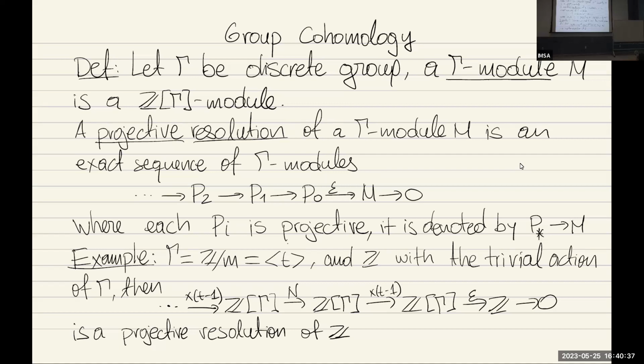Just an example. Let gamma be this cyclic group with one generator T, and Z considered as a gamma module with the trivial action of gamma. Then this sequence of maps is a projective resolution.